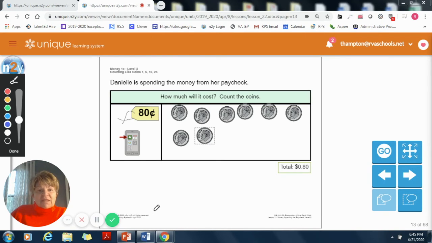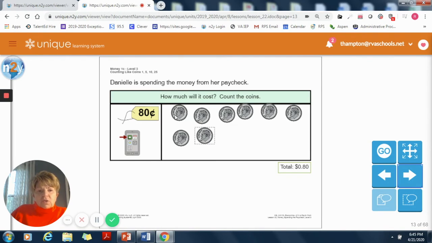No, we only needed 80 because how many dimes do we have? We have 1, 2, 3, 4, 5, 6, 7, 8. We only needed 8 dimes and not 10. So we actually counted further than we needed.